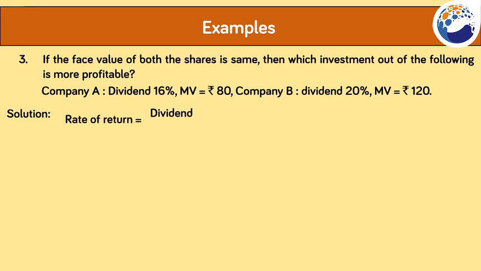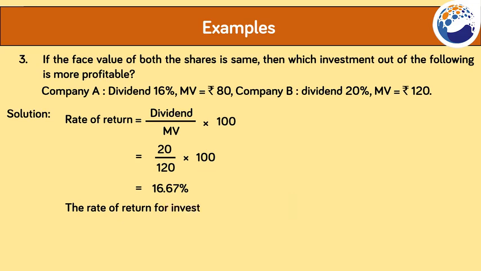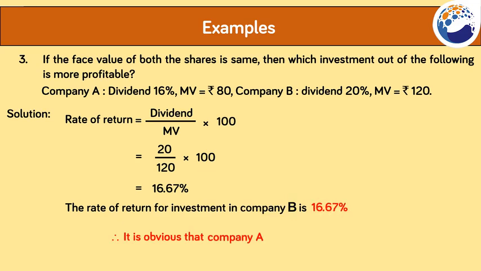Rate of return is equal to dividend upon MV into 100 is equal to 20 upon 120 into 100 is equal to 16.67%. Therefore, the rate of return for investment in Company B is equal to 16.67%. Therefore, it is obvious that Company A is more profitable.